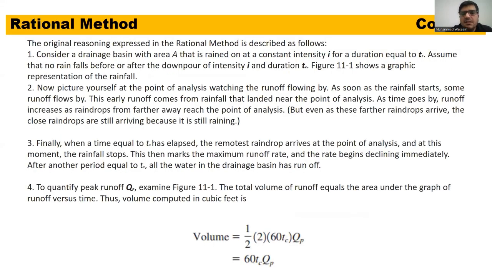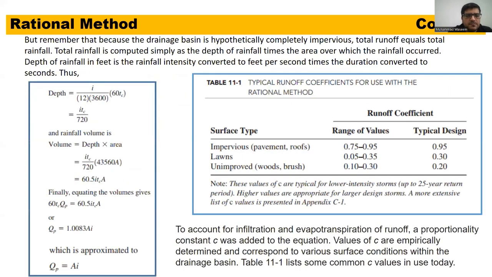So 60 is for changing the time of concentration into seconds. So now we have the volume. But we need to remember that because the drainage basin is hypothetically completely impervious, as we have assumed, the total runoff equals the total rainfall.